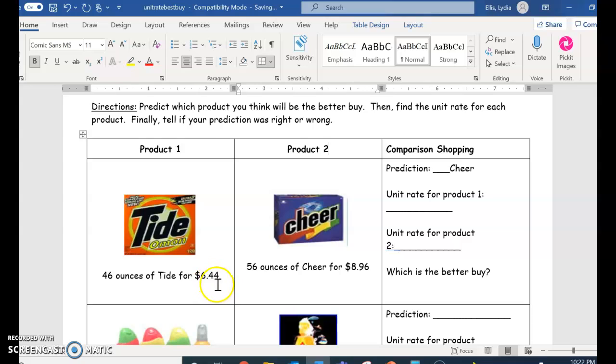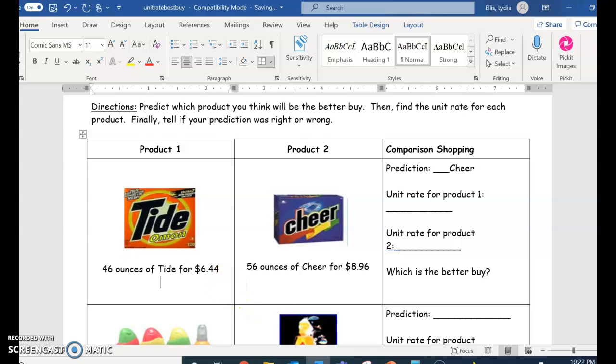Remember, unit rate is when my denominator is 1. When we are calculating the unit rate, I am first going to start with the dollar amount, the price, because I'm finding the price per ounce.